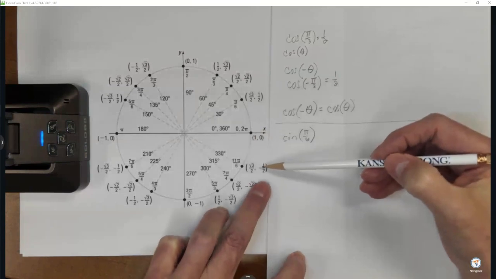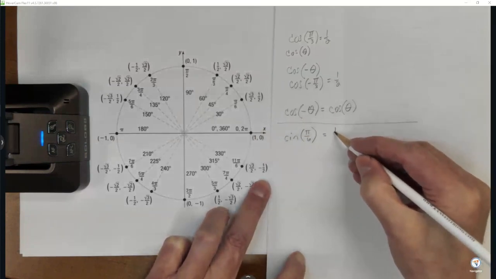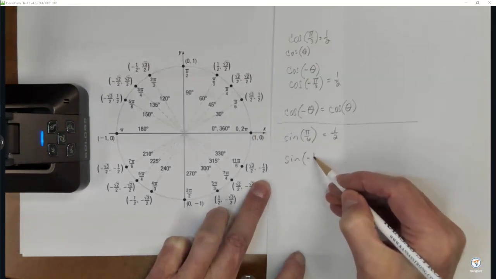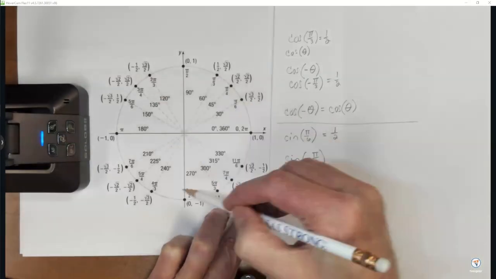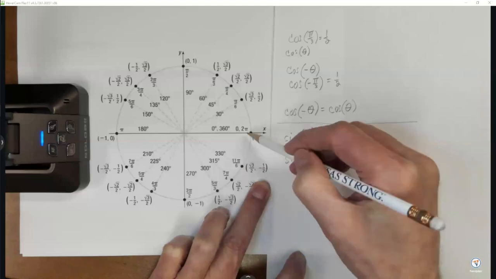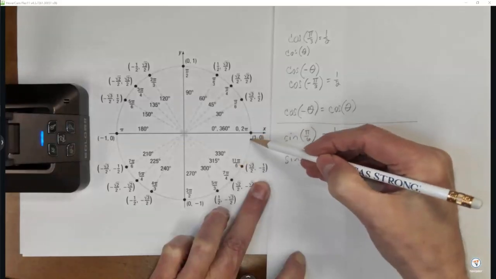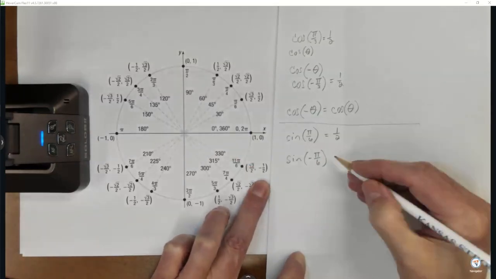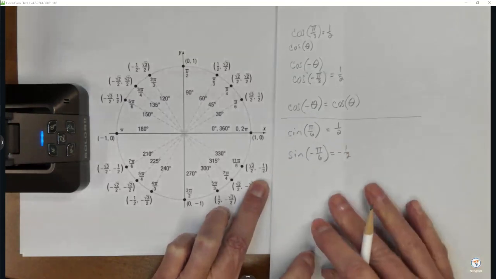But when I drop down here and ask for the sine of negative pi over 6, which is equivalent to 11 pi over 6, just shy of a full rotation, negative pi over 6 takes me to the coterminal angle there. So the sine of negative pi over 6 is going to be negative 1/2.